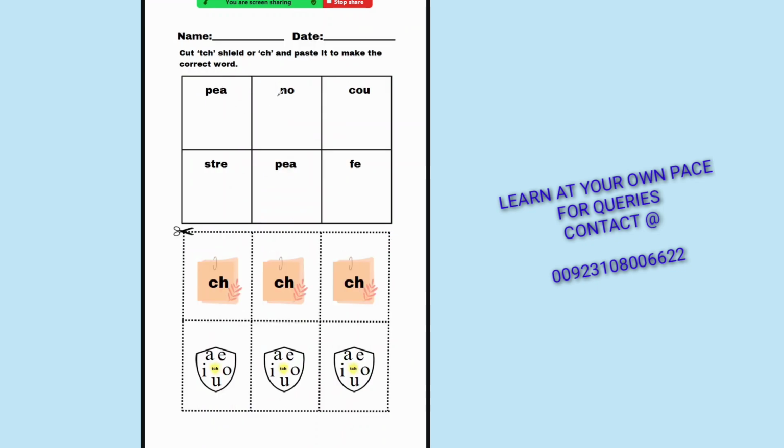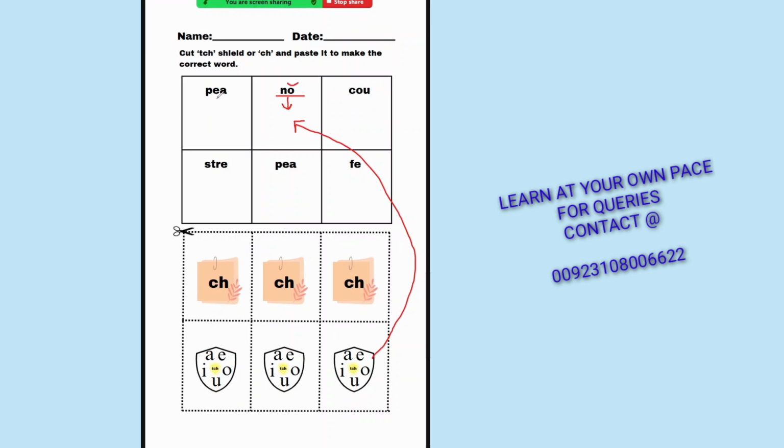Look here. See, this is an O. So, notch. We will put this shield over here because for the ch sound in notch, we will put the TCH shield because here the vowel sound is a short sound.